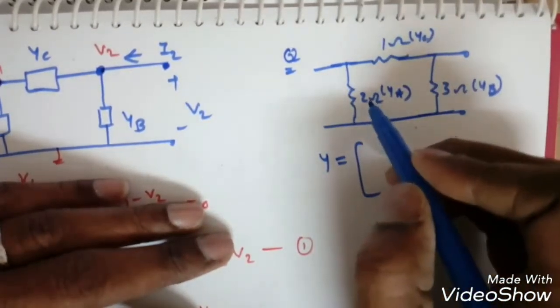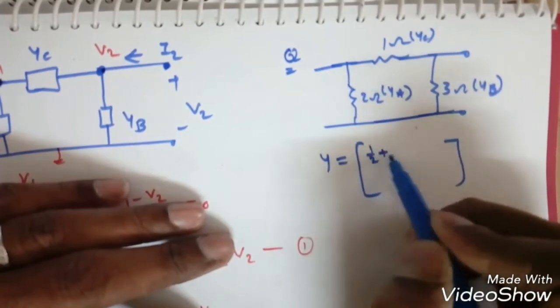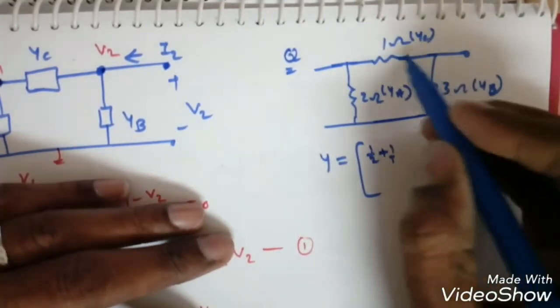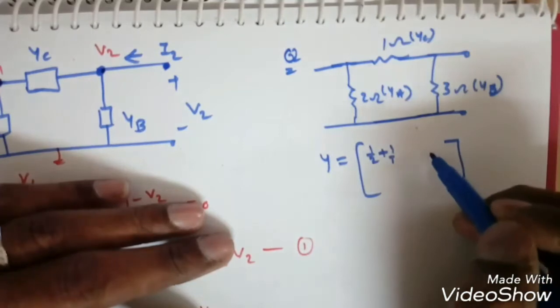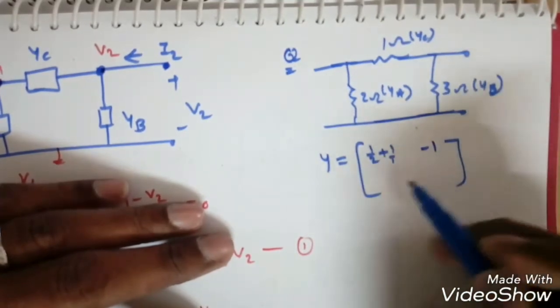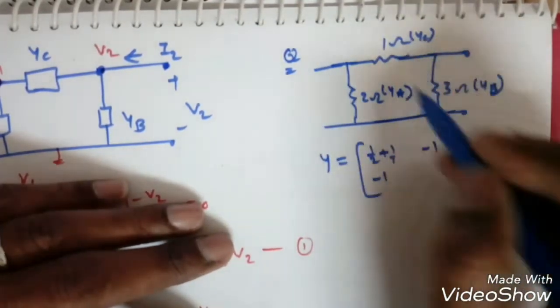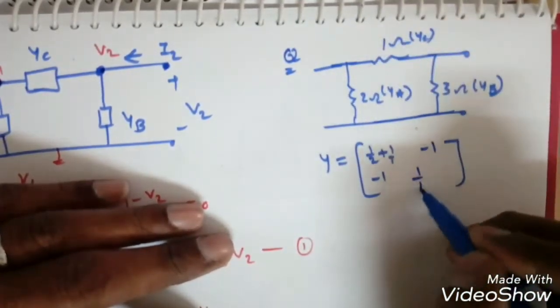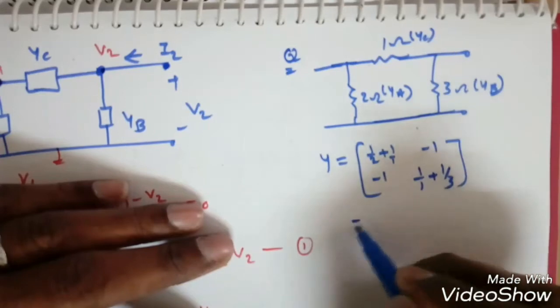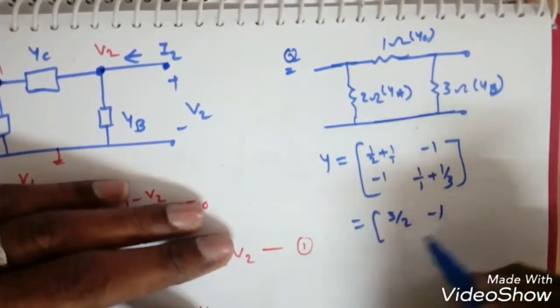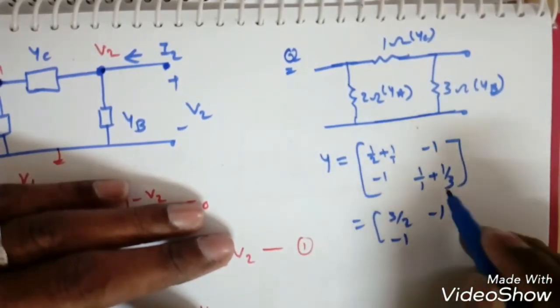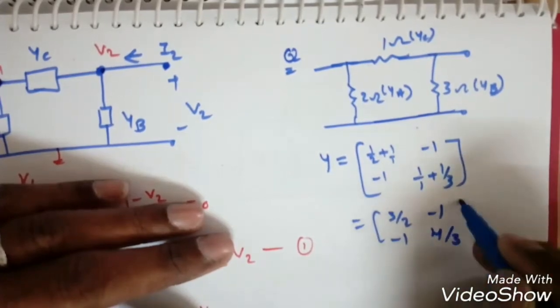But it is impedance, so it will become 1 by 2 plus 1 by 1. Similarly, yc is common, so minus 1 by 1, so minus 1 by 1, minus 1 by 1, same. Now y22 will be 1 by 1 plus 1 by 3. So it will be 3 by 2, minus 1, and this is 4 by 3.